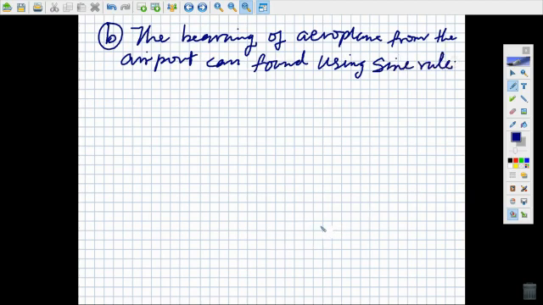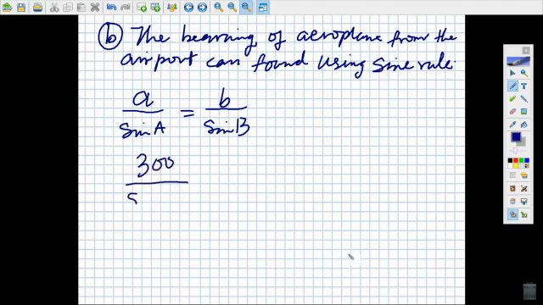So using Sine Rule, we have a over sine A is equal to b over sine B. Substituting values, we have a is 300 over sine A is equal to 700, b is 700, we just found it now, over sine 120 degrees.